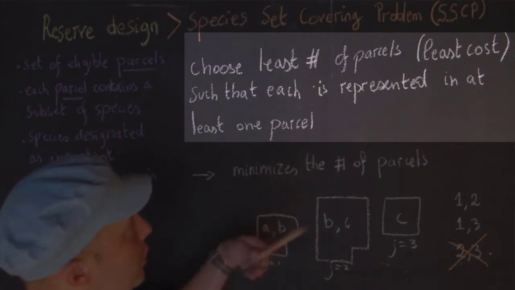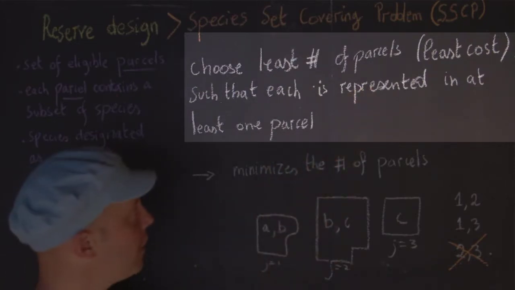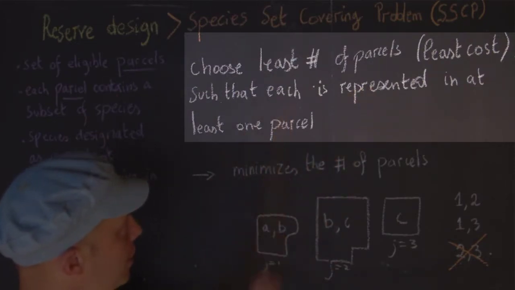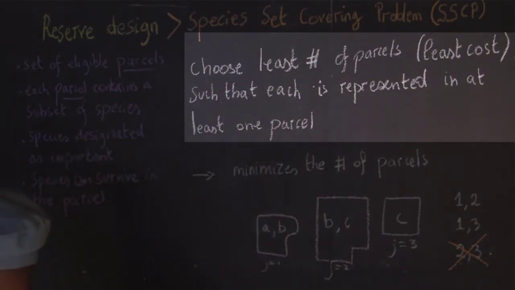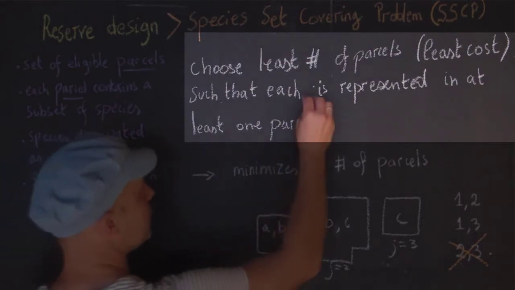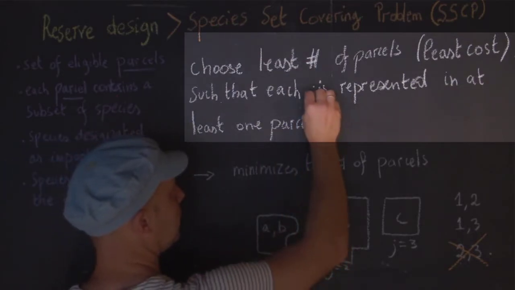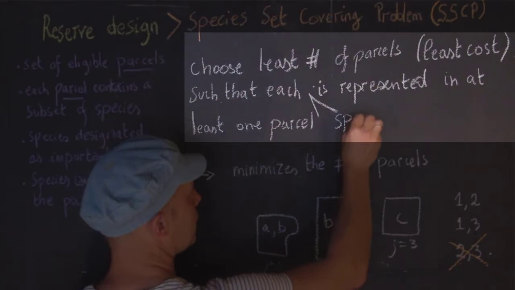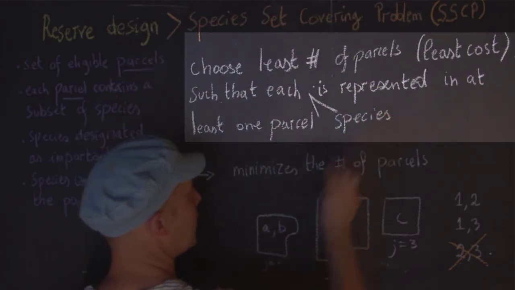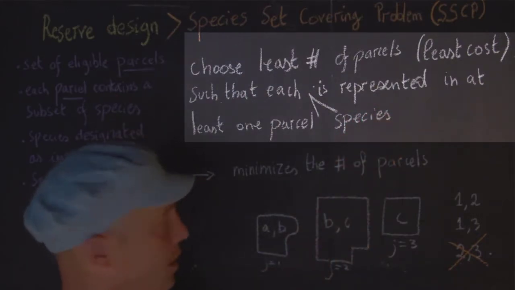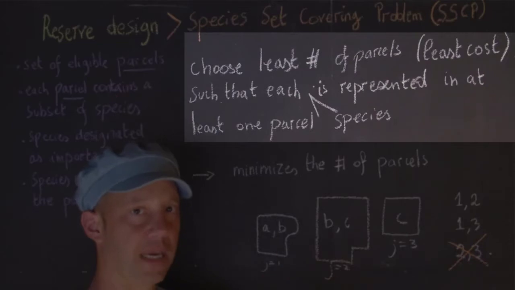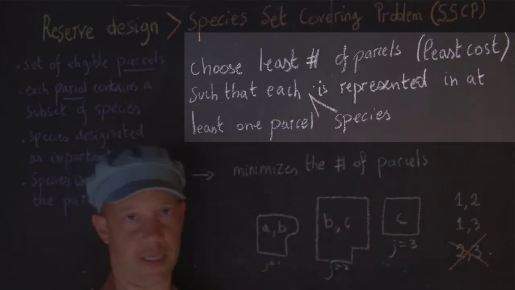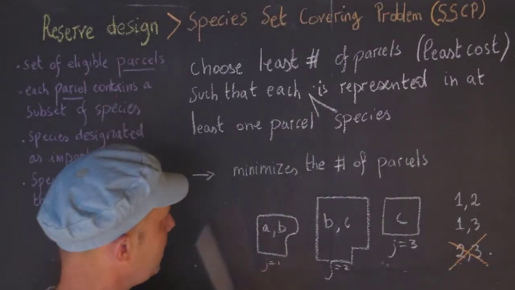It could also be the parcels that have the least amount of cost, such that each species is represented in at least one parcel. Okay, so it doesn't matter if the species appear 2 times, 3 times, 4 times, because that is more of a backup problem, and here we're not focusing on that. So our objective is to minimize the number of parcels.